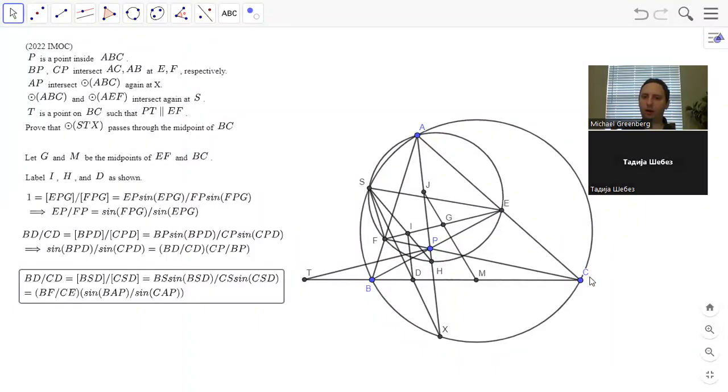So yeah, we want to show that if you substitute this into here, then it would equal this.